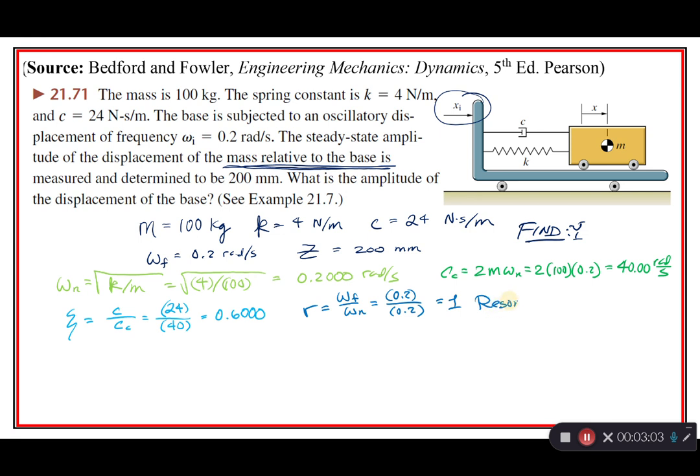Resonance, boom. I just recognize it's resonance.